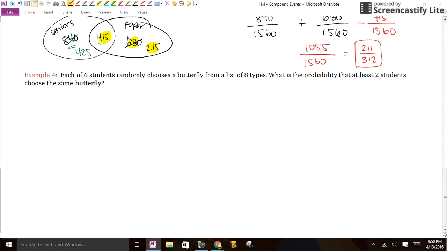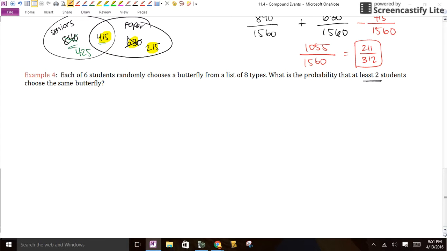Well, let's see. If at least 2 kids, then what if they all picked different ones? That's the only group that we're not talking about, right? So if they all pick a different one, that's the complement. Yeah, that's the complement.